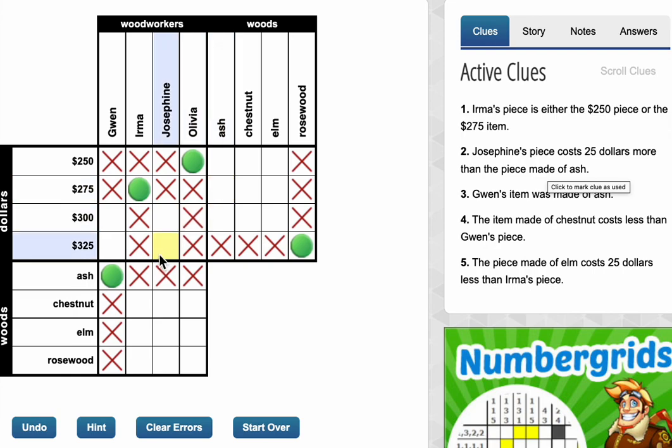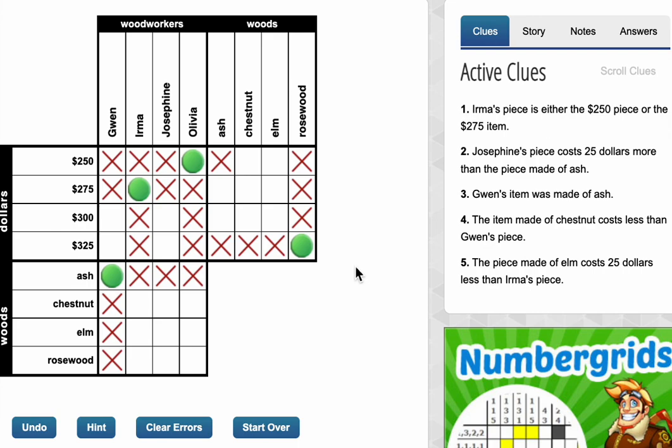If Josephine is 325, then ash could be 300, which means that the ash cannot be $250. Which also means, though it's already confirmed down here, that since Olivia is at 250, Olivia can't be the ash, but we already knew that.